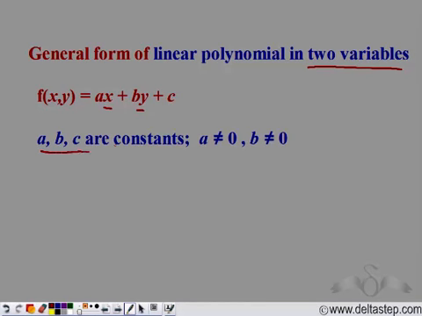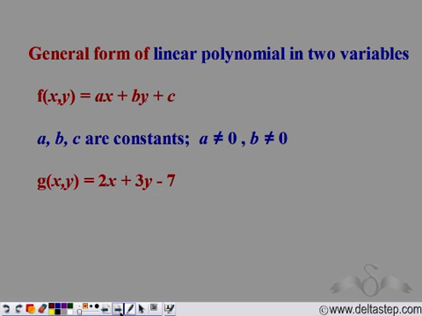Note that a, b and c are constants here, whereas x and y are variables. x and y are the variables which are written inside the bracket in this notation, and a, b, c are the constants. Again, a and b both cannot be 0, because if either of them is 0, then it will simply be a linear polynomial in one variable, and if both are 0, then it will become a constant term. So it will no longer be a linear polynomial, it will have degree 0.